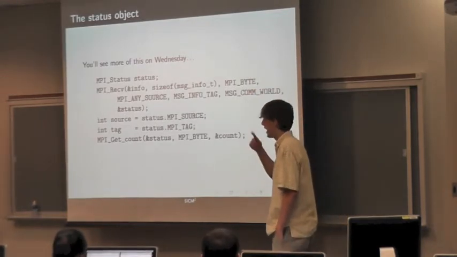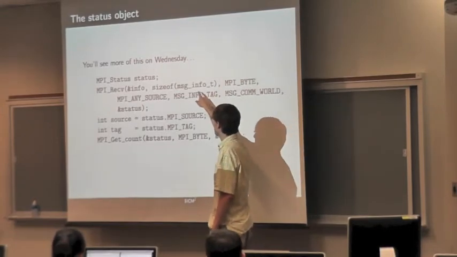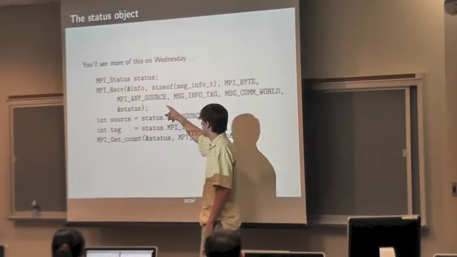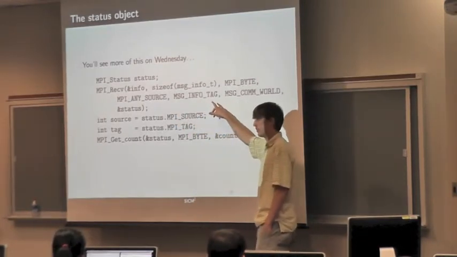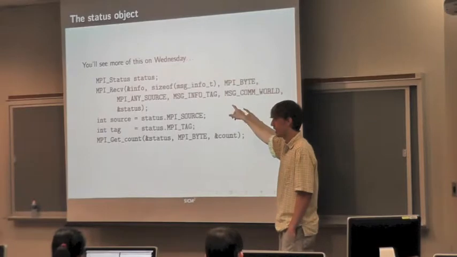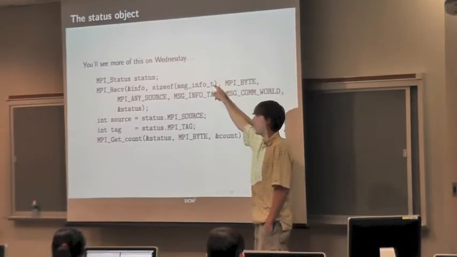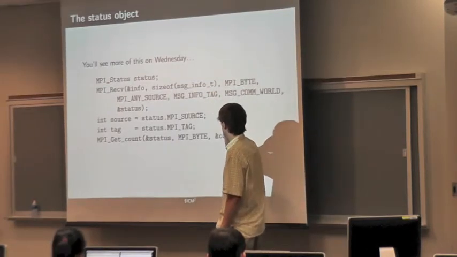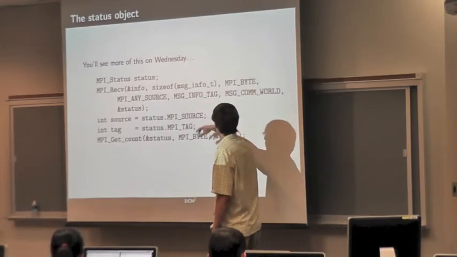So I have a thread that just spins in a loop that says, if anyone sends me message info, I'll receive it from anyone. On this thread, I'll only receive info tags. So I'm only going to receive stuff that's actually a message info struct and not any other data, because there might be other things that are the same size in byte streams that I don't want to receive.